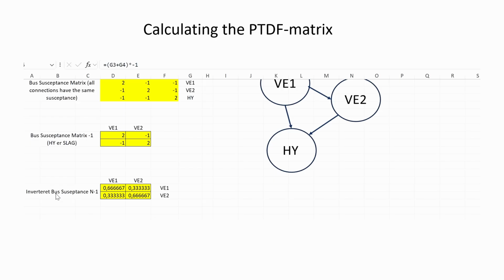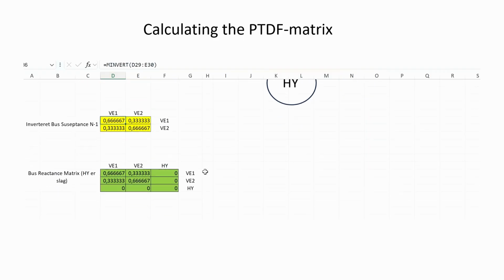I've inverted the matrix here, and we have these values. When we've done that, we set in the slack node here, and then we have the bus reactance matrix, where HI is the slack node.